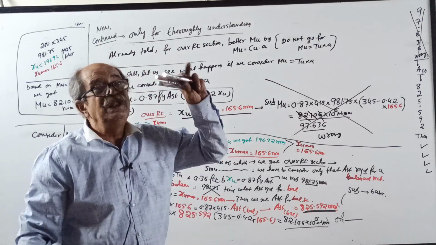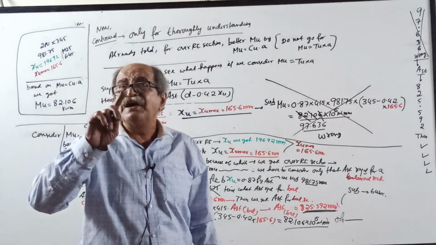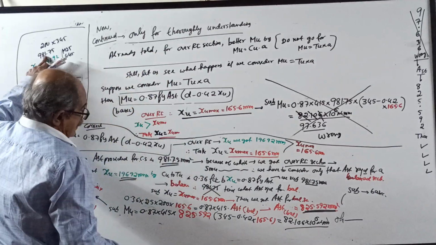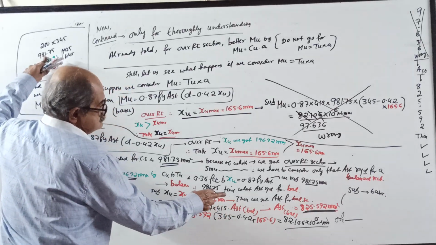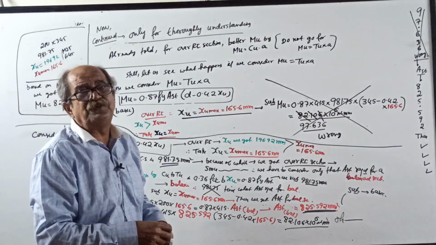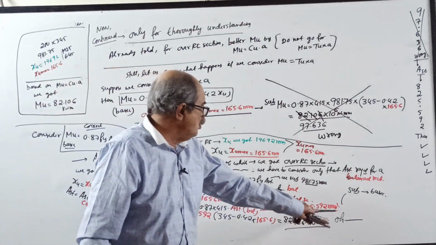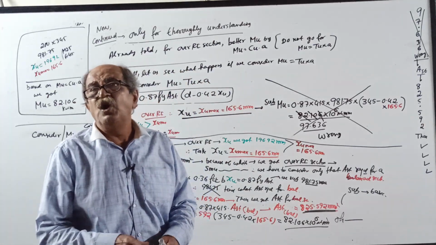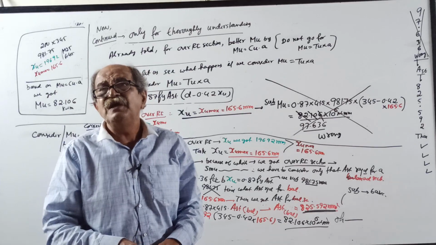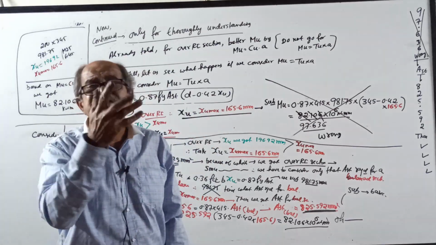Then, sir, these are all required. Yes, you limit not only XU to XU max, you limit the extra steel, cancel the extra steel, that is 981, 825, around 155 mm square of steel extra given. No, we can't use it. Use only 825. You have to not only limit XU to XU max, also limit the steel, because the name only will tell you over reinforced, extra steel not considered.